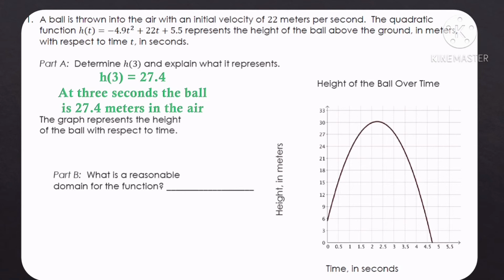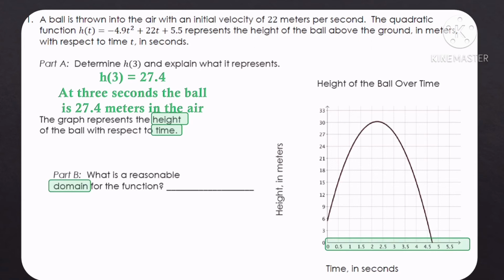So let's now look at part B. Part B asks, what is a reasonable domain? Remember, the domain of a function is all the possible x values. The graph is representing height in respect to time. So if domain is our x, that's all our time values.